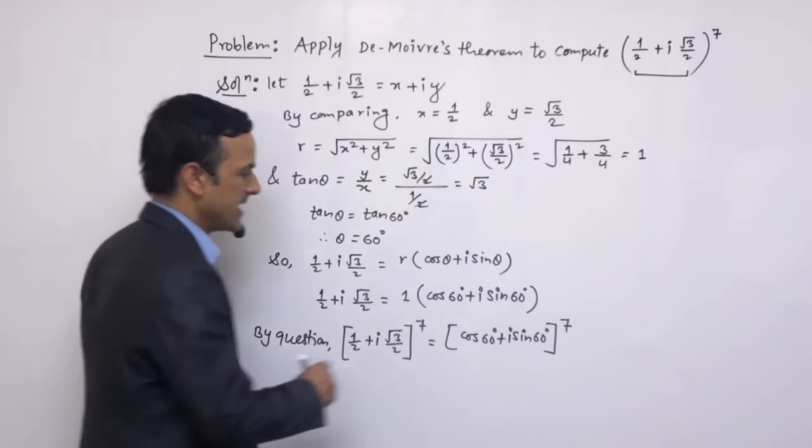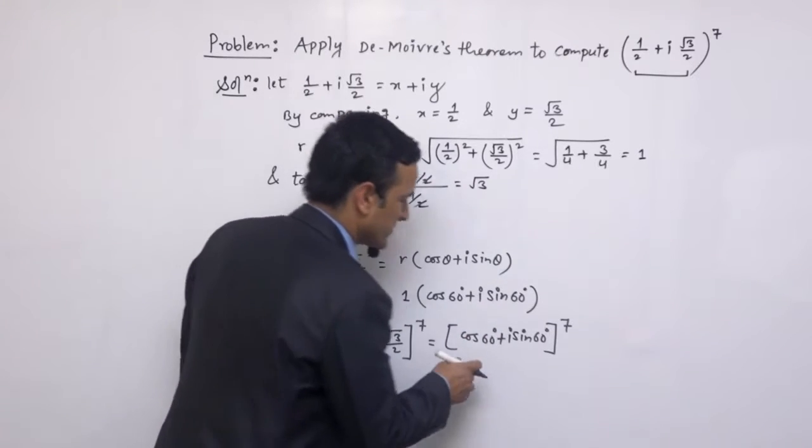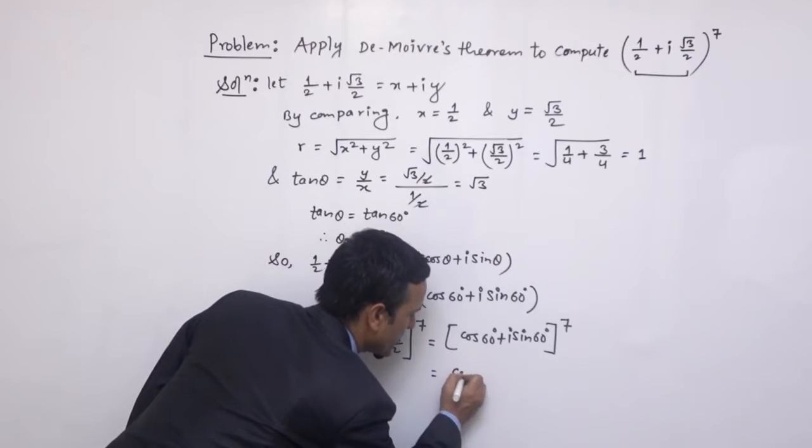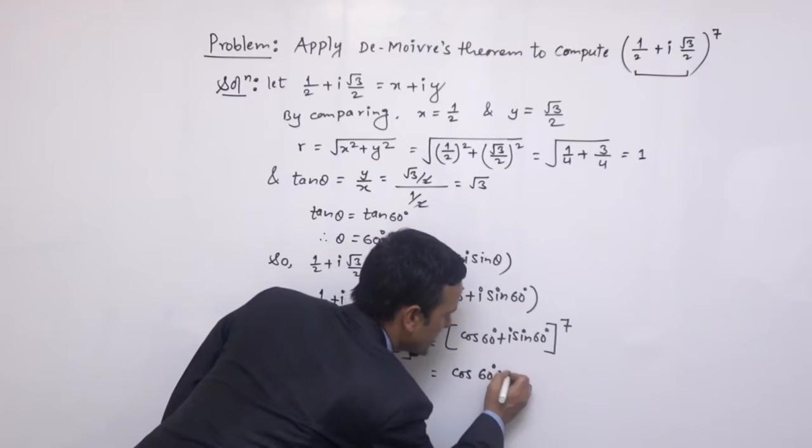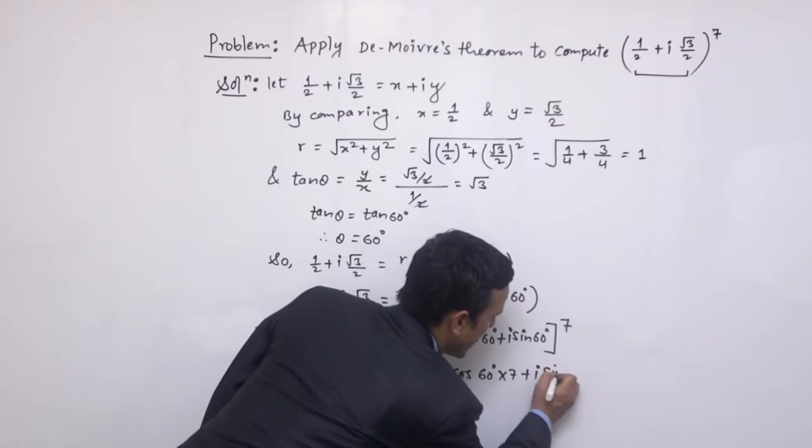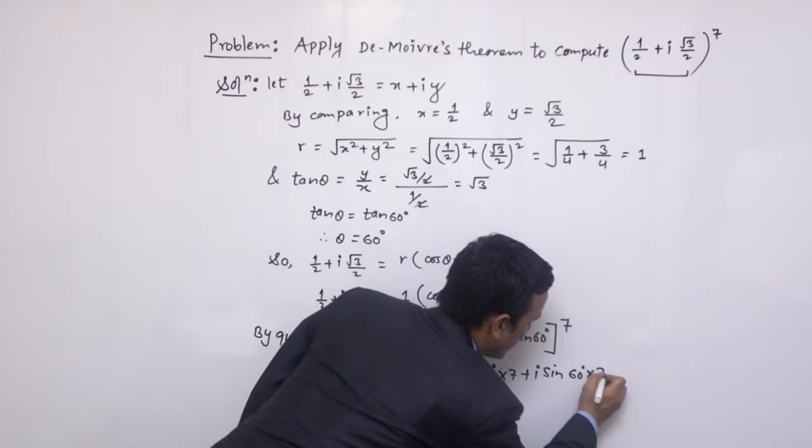र यो पावरमा अब नाउ वी क्यान युज De Moivre's theorem. So if you use the De Moivre's theorem, it will be cos 60 into 7 plus I sin 60 degree into 7.